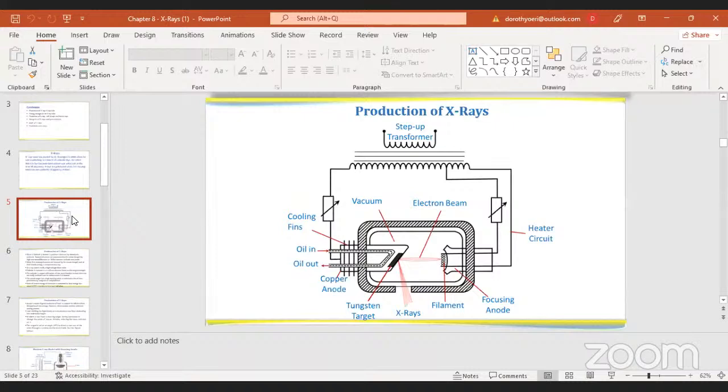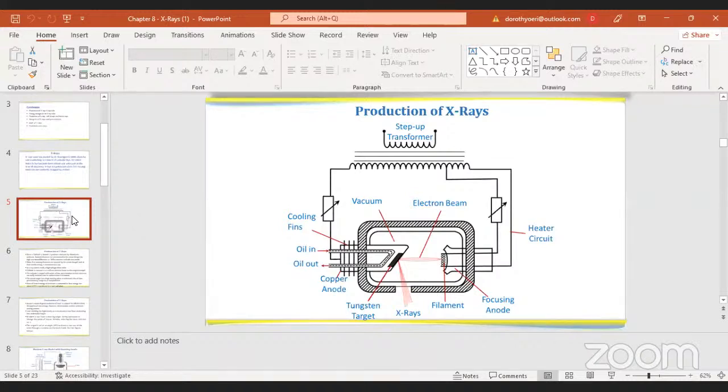Now, for the case of X-rays, when those cathode rays or electrons hit what we are referring to there as the target, in this case the tungsten, then you'll end up with X-rays. So we are looking at fast-moving electrons which are suddenly stopped.